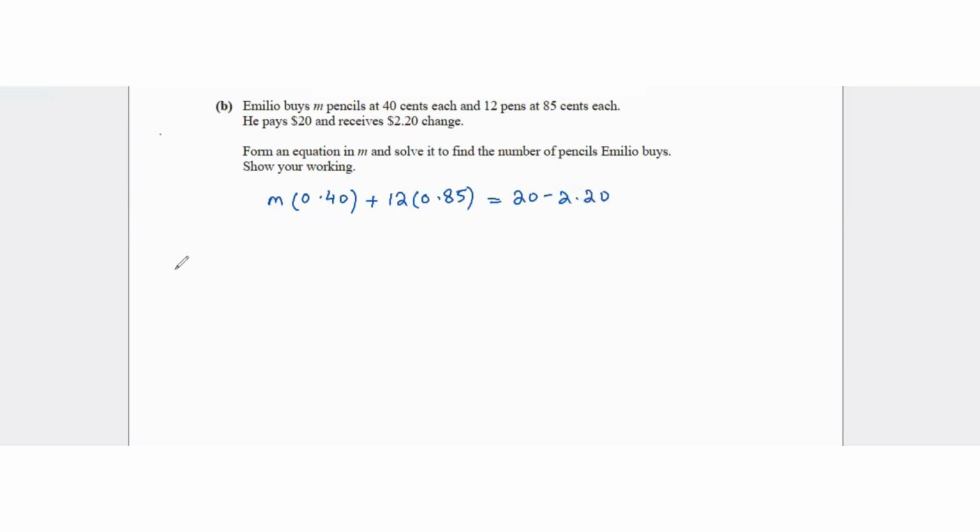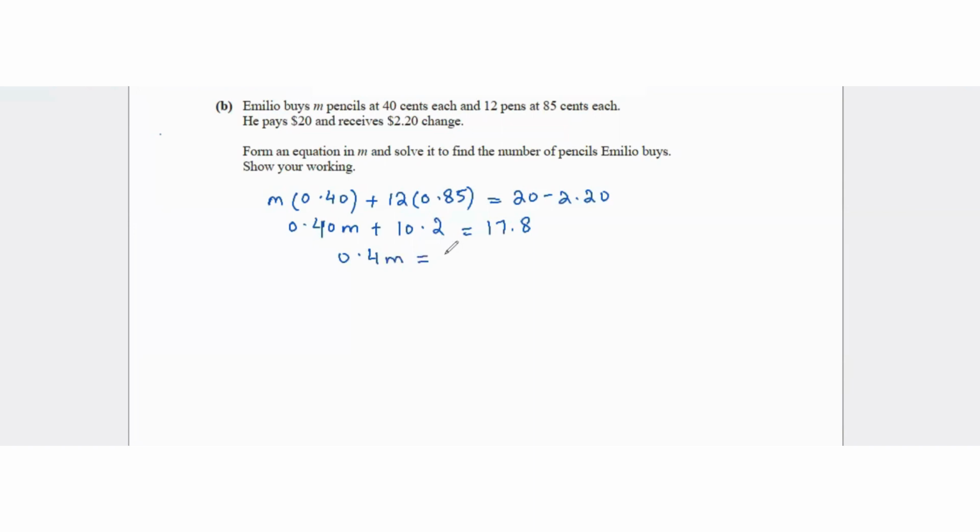So let's simplify this. 12 times 0.85 is 10.2. Then 20 minus 2.20 is going to be 17.8.